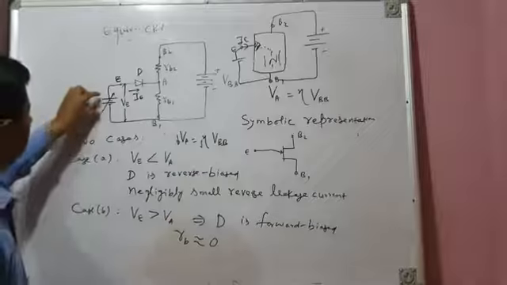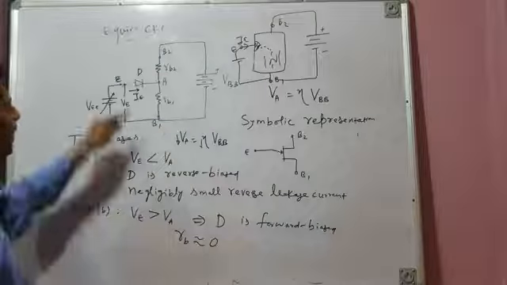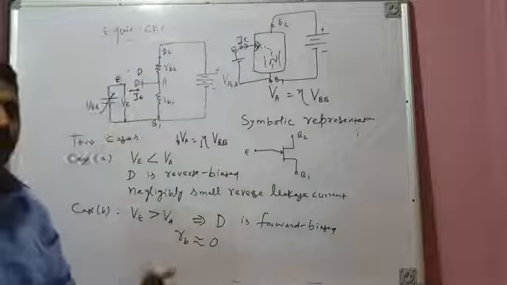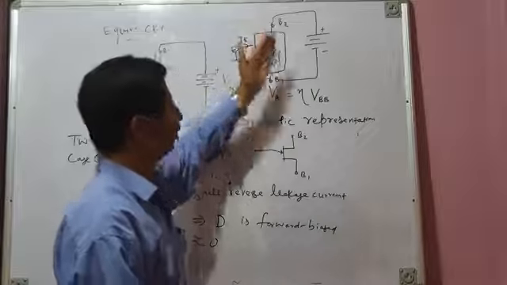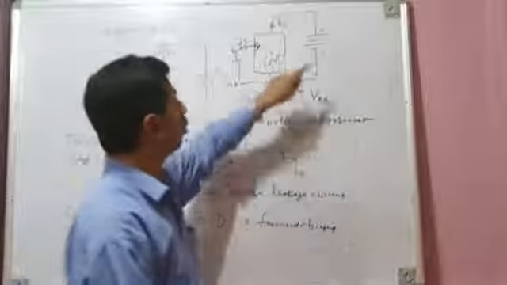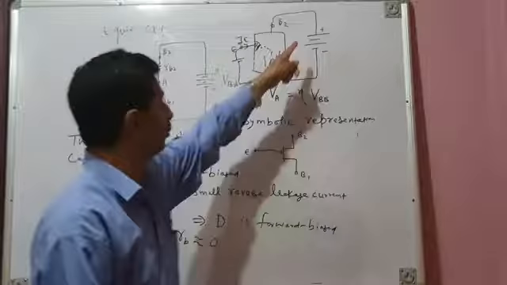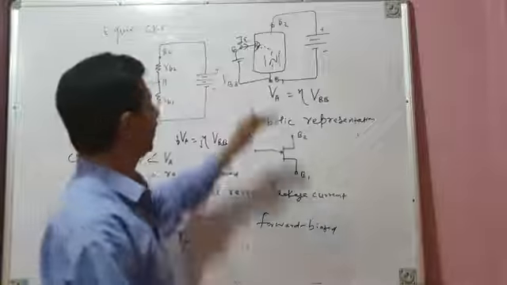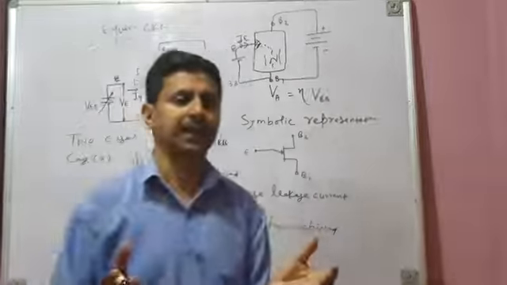Second case is we increase VE so that VE becomes greater than VA. In that case, this PN junction diode is forward biased, and there is injection of holes from emitter to this N-type material, N-type base. These holes are repelled from B2 and they are attracted by B1 because of the polarity of this voltage, and they move from emitter E to base B1, and they form a conducting channel.